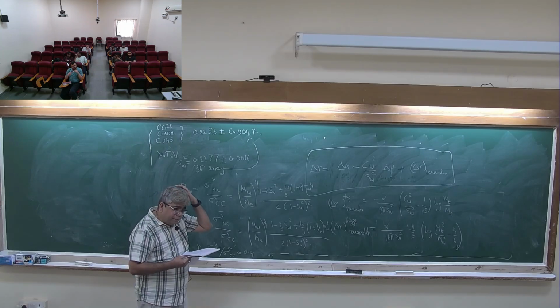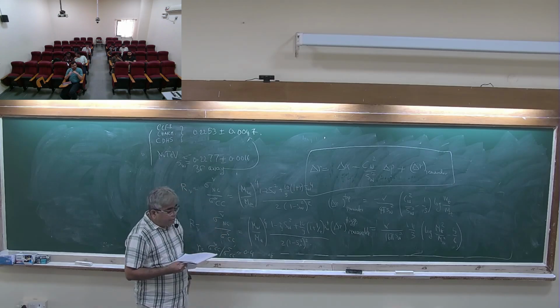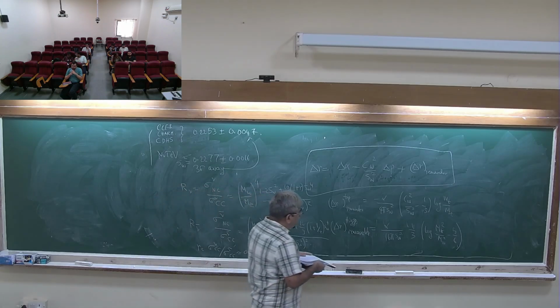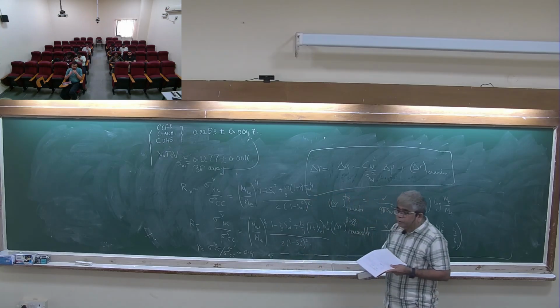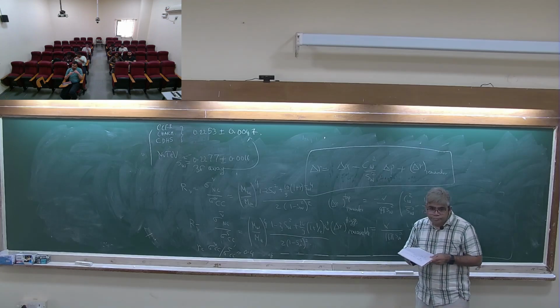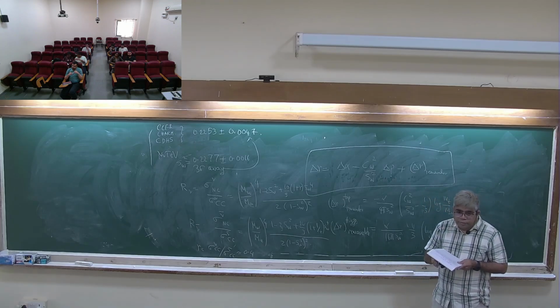The scattering is different because neutrinos interact with what? The antineutrino interacts with antiparticles.